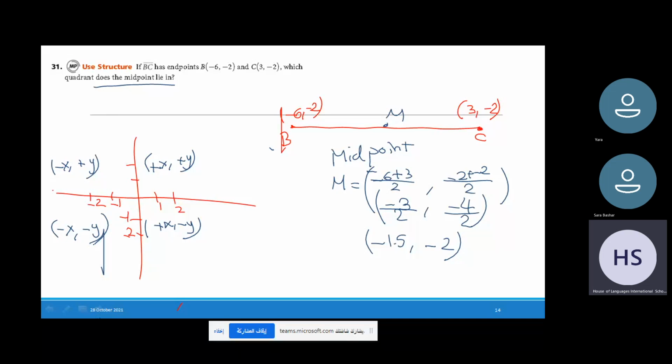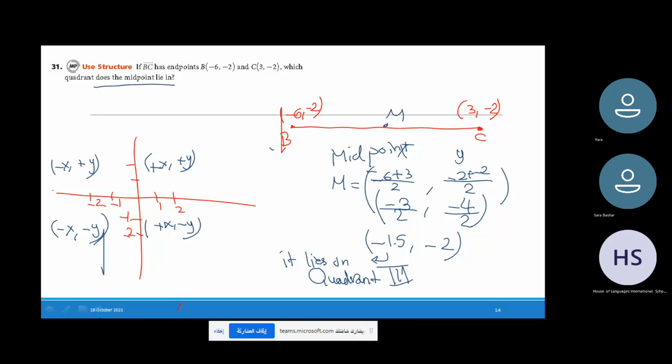So why do you get the 3 when doing x plus 3? I have a question. Yes. Which one is the x and which one is the y? The one that comes first is x, and this is y. Okay, this is x, and this is y. How do you get the negative 6 plus 3?